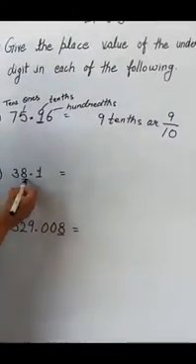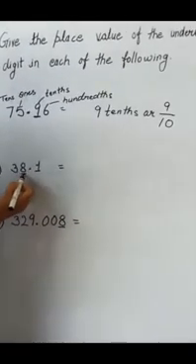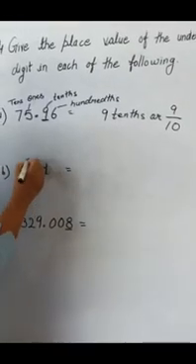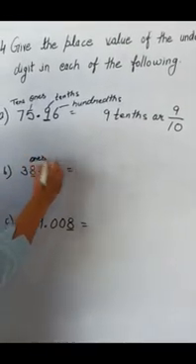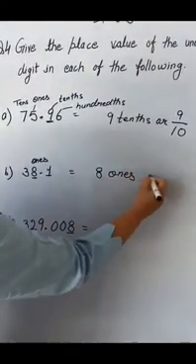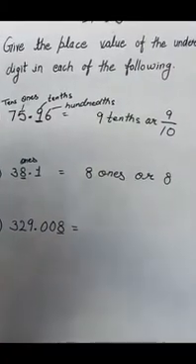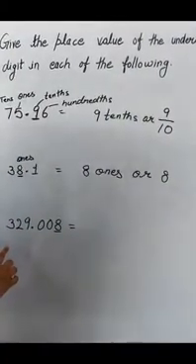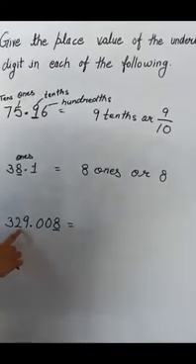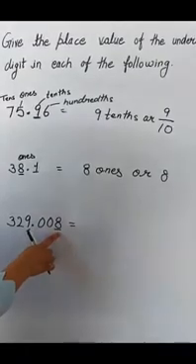Next is 8. Before the decimal 8 is there, so it is on the ones place. We will write 8 ones, or 8. Then part C is 329.008.